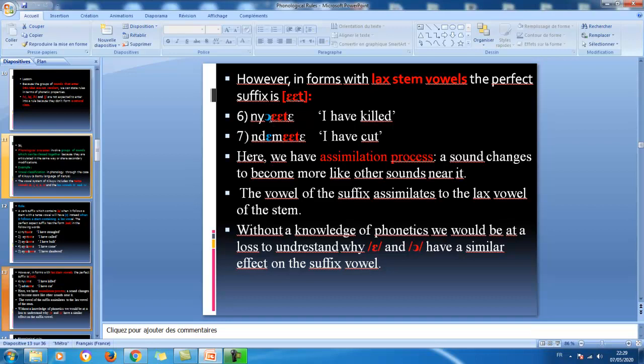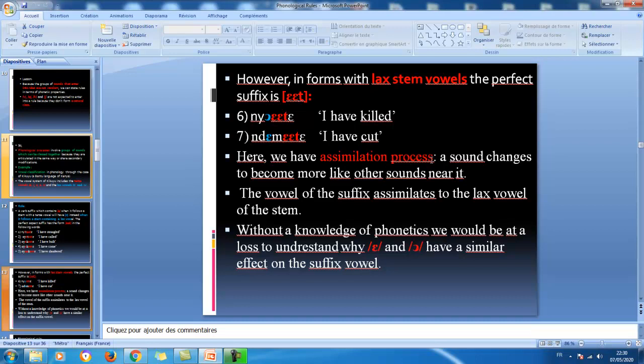Why? Because the vowel in the stem is this one and this one. And these two vowels are lax vowels. So the vowel in the suffix becomes lax because in the stem we have got a lax vowel here and here. So what do we have in here? We have got what you call an assimilation process.